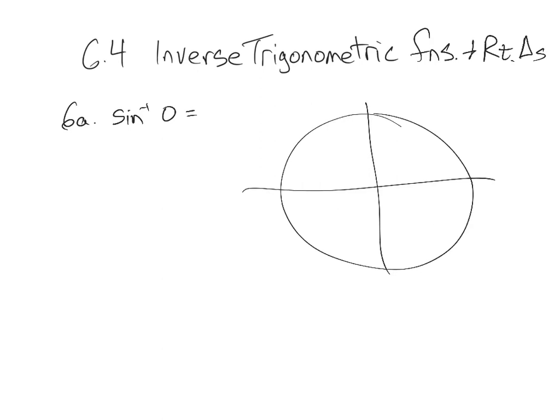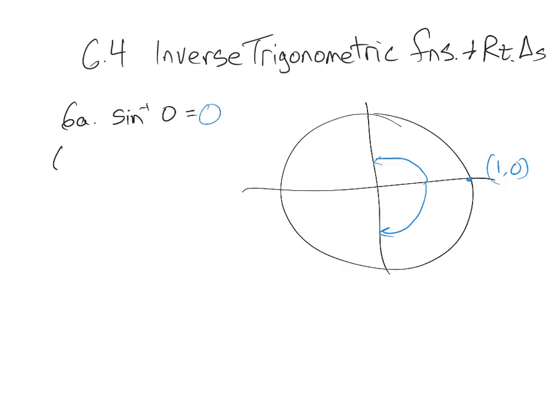Where is y 0? Remember, inverse sine only goes from 0 to pi over 2 and 0 to negative pi over 2. And so is inverse tangent. Where's y 0? 0, pi. Yeah, 0, pi. So that's right there. Okay, 0 would be the answer.